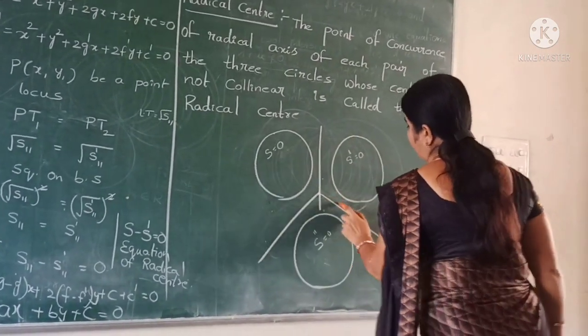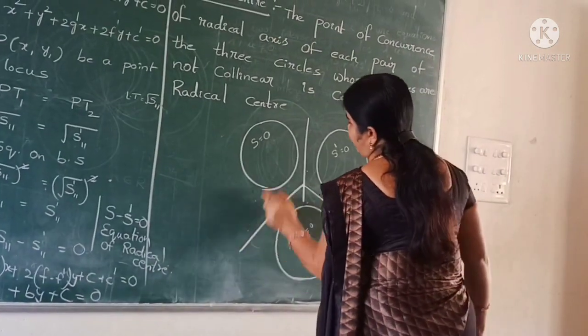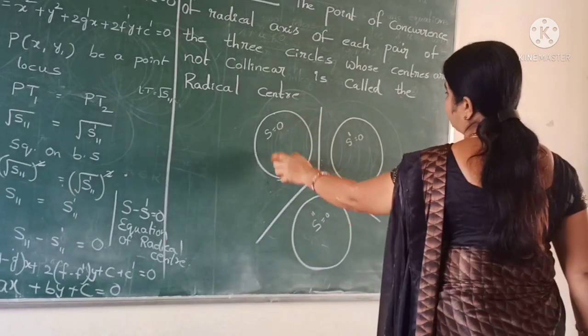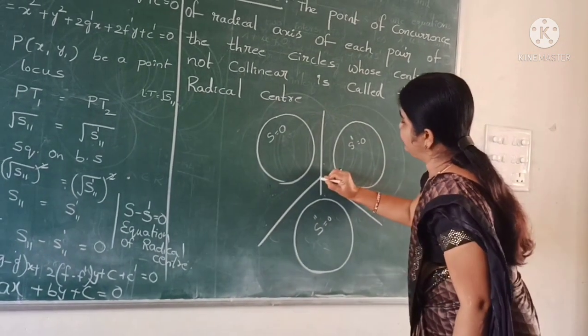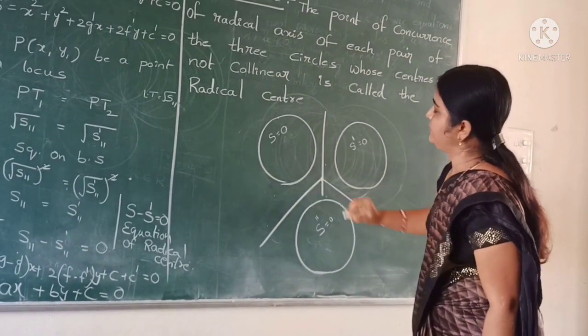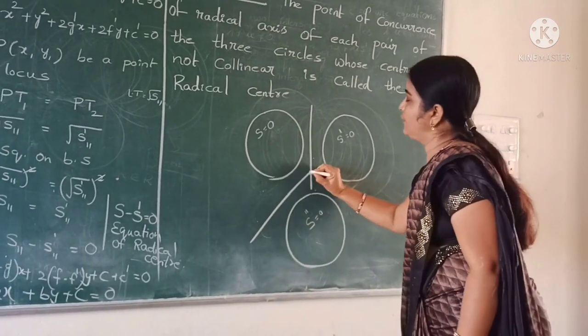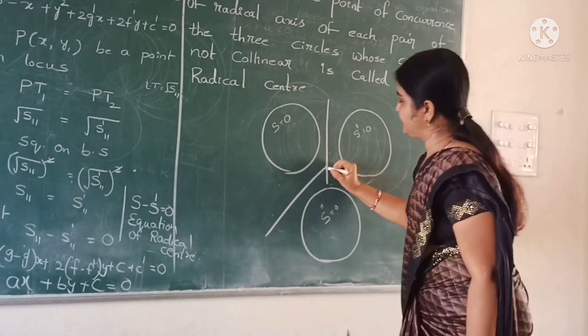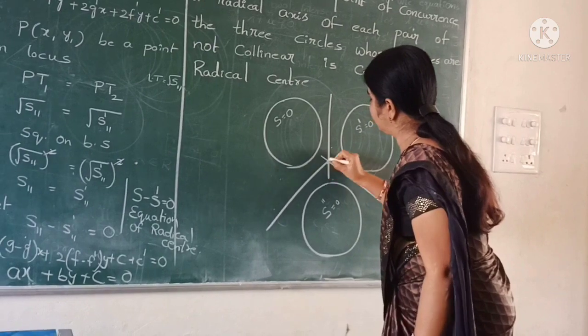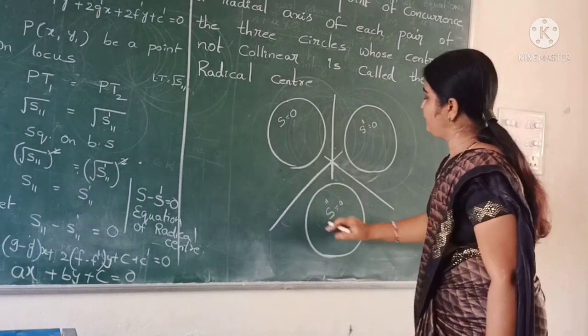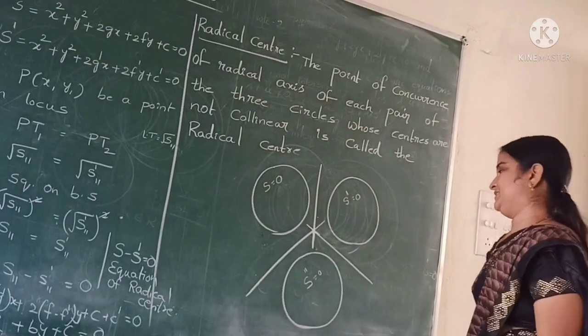Here these are the radical axis of these three circles and they meet at the point of intersection. That means this radical center meets here. This is called the radical center of these circles.